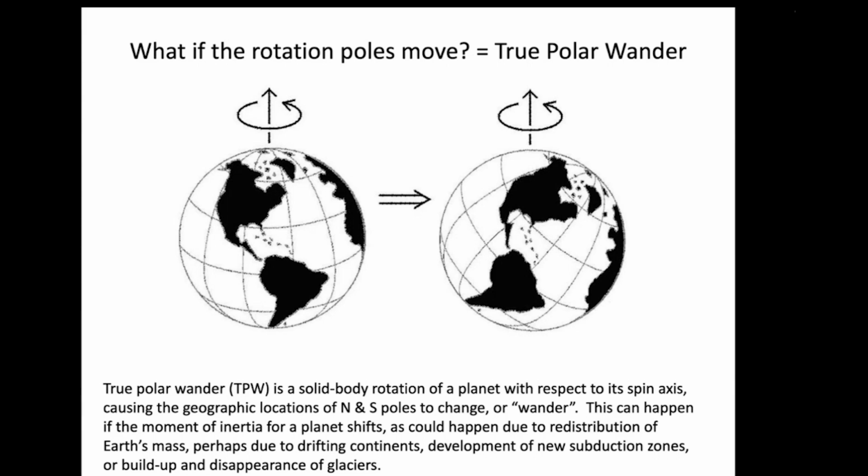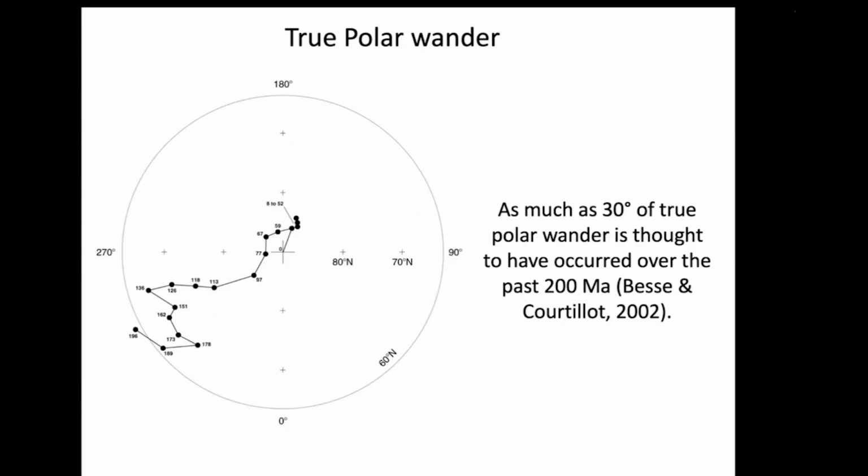That's simply not to confuse you more than absolutely necessary, but simply to alert you to the fact that there is a thing called true polar wander. And some of these authors have suggested that as much as 30 degrees of true polar wander is thought to have occurred over the past 200 million years. This is their confusing diagram, not mine.